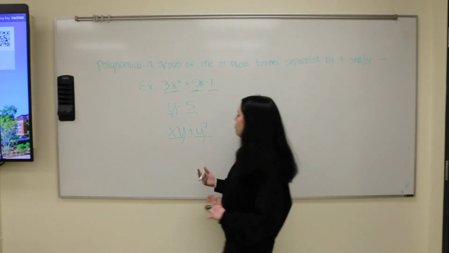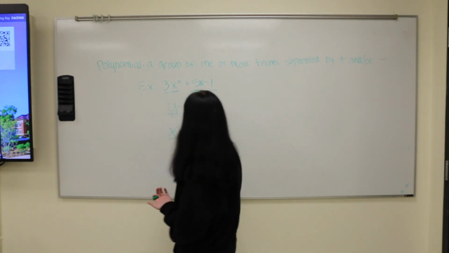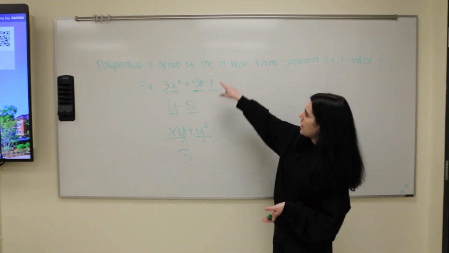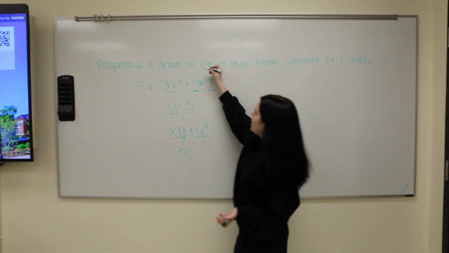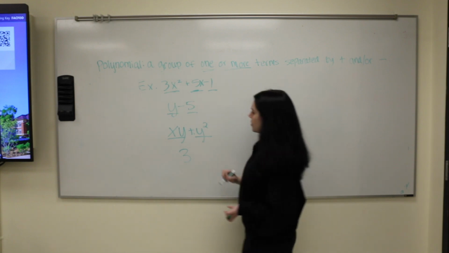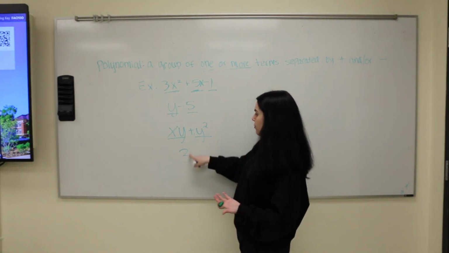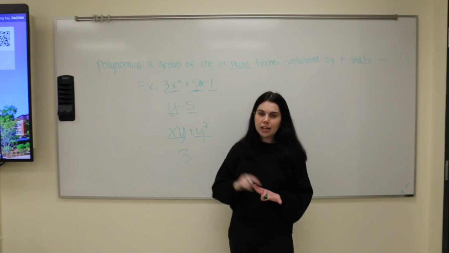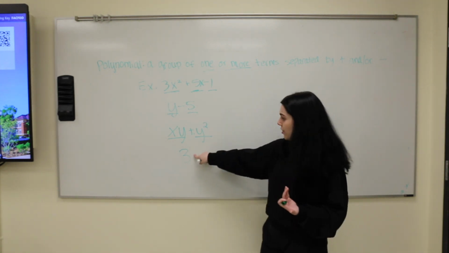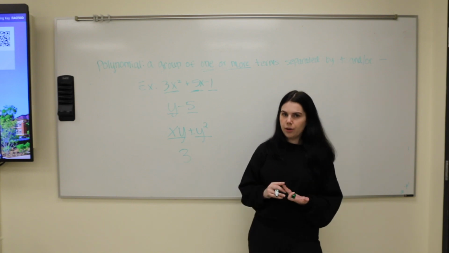One last example would be just the number 3. So this definition says that we need a group of 1 or more terms. So 1 term by itself is a polynomial, and 3 is a number by itself, so by the definition of a term, this is a term, and therefore it's a polynomial.